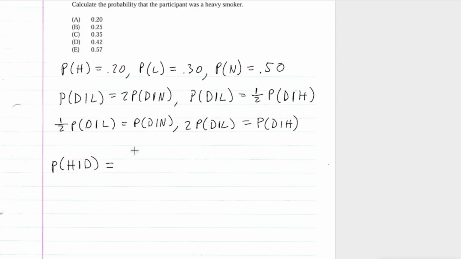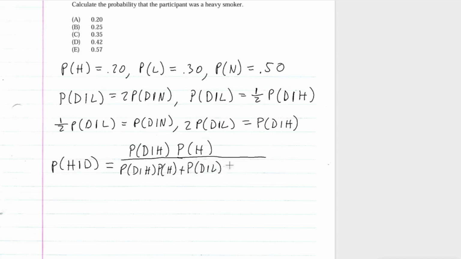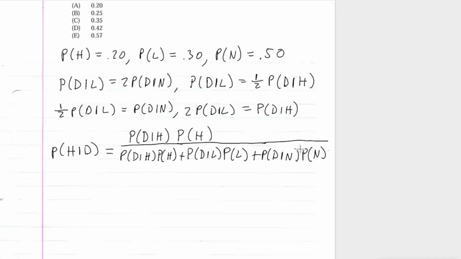So using Bayes' theorem, this is the probability of D given H times the probability of H, over the probability of D given H times the probability of H, plus the probability of D given L times the probability of L, plus the probability of D given N times the probability of N. So now what I did up here is going to come into play.